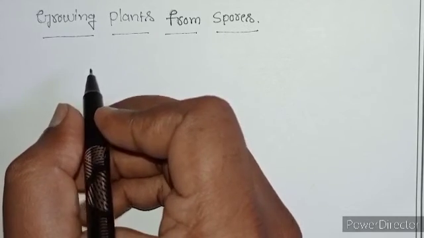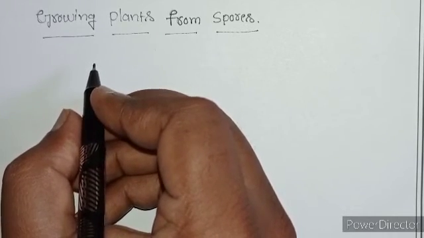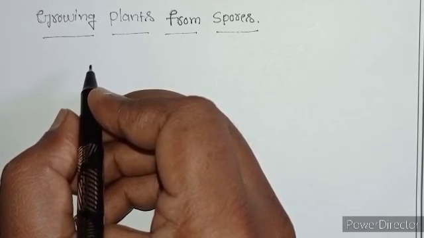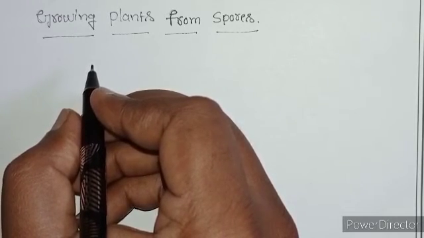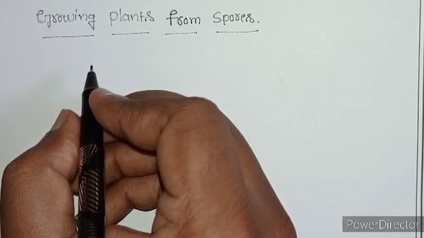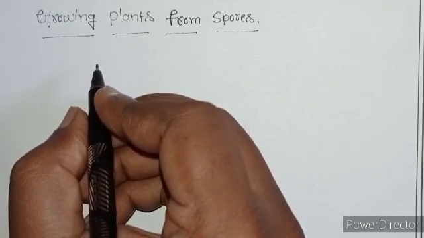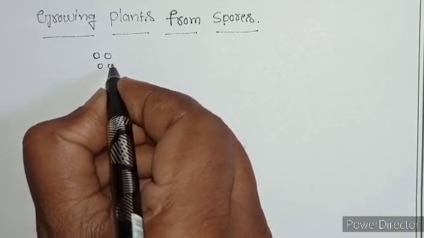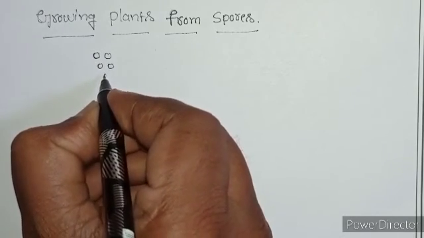It is a characteristic feature of lower plants such as fungi. The spores function much like seeds. They will appear like small rounded structures.